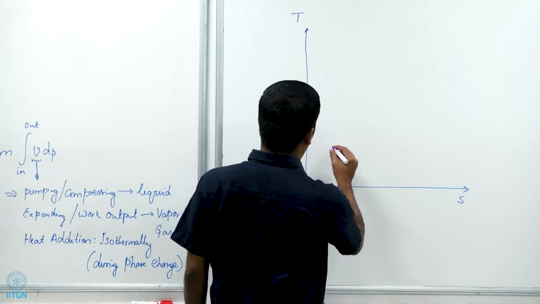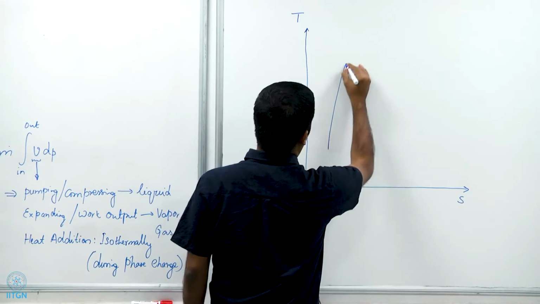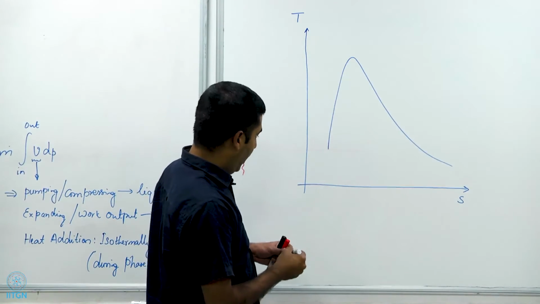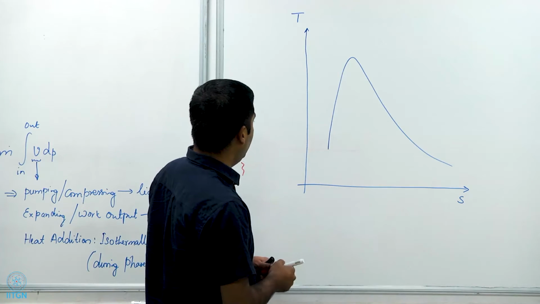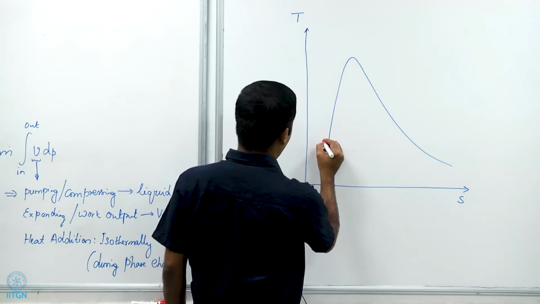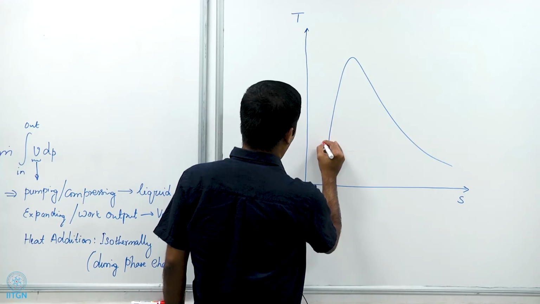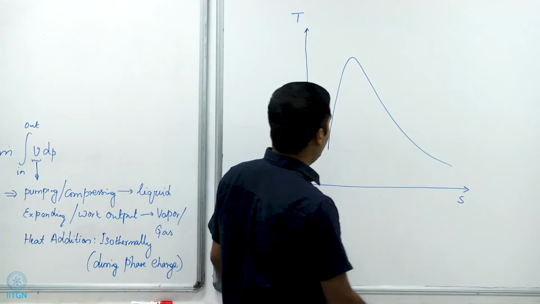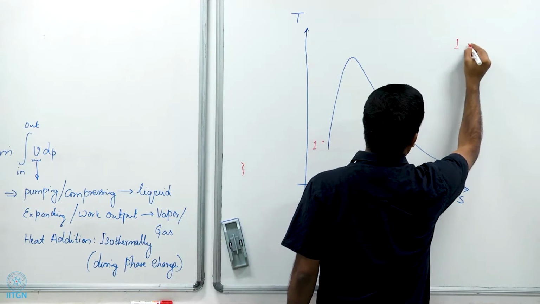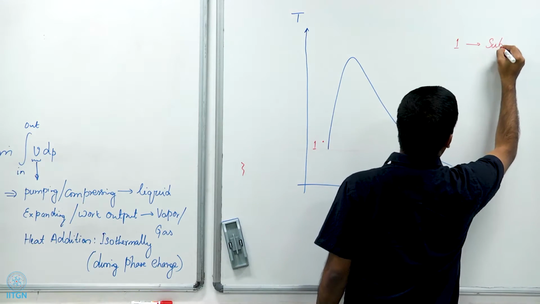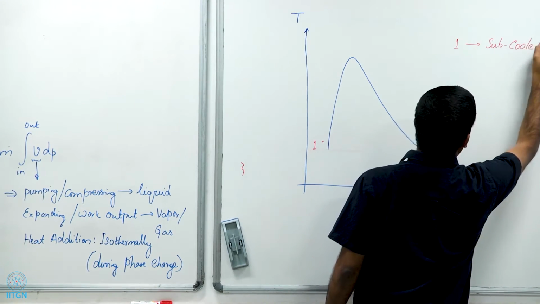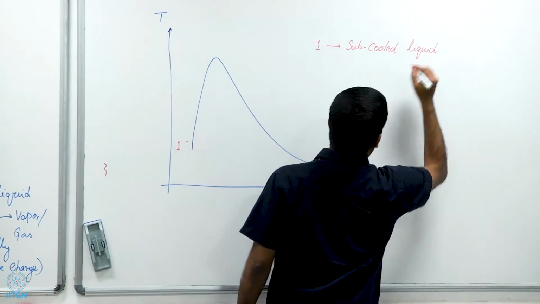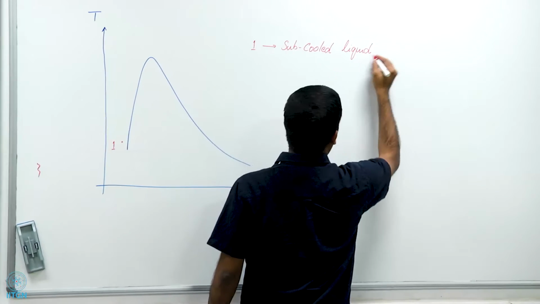So this is how it looks like, and this is the dome that we are all quite familiar by now, right? And we start with a subcooled liquid, and let's call that state 1. So state 1 is a subcooled liquid perhaps at nearly room temperature.